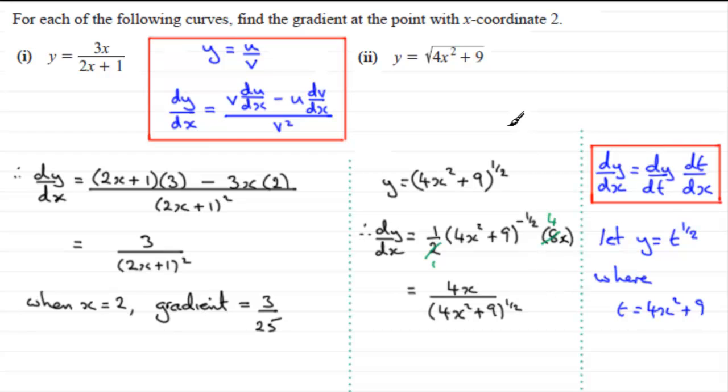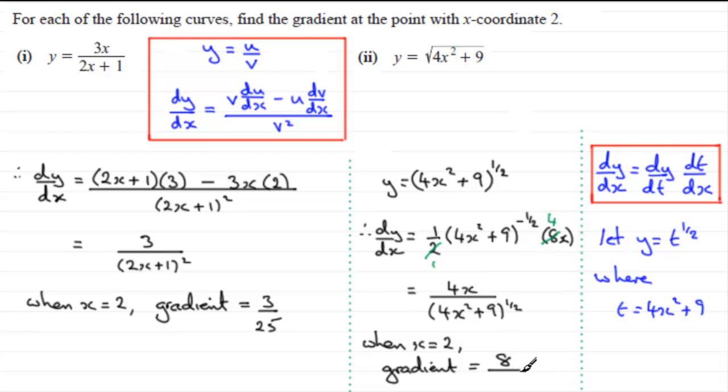So when I now substitute x equals 2 in, I get the gradient. When x equals 2, the gradient is going to equal 4 times 2, which is 8.